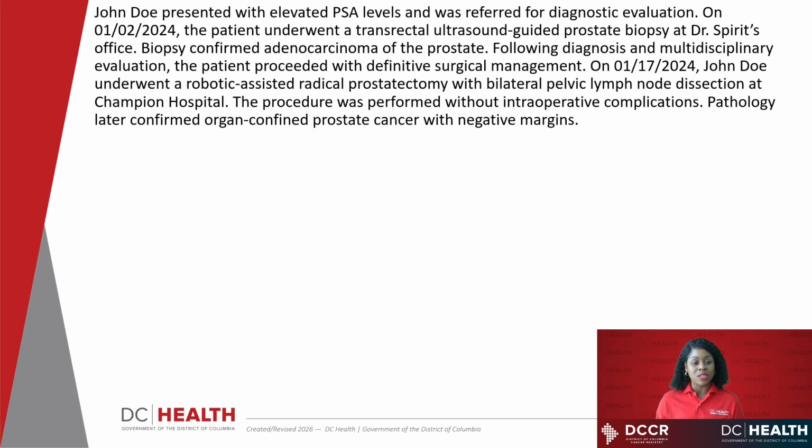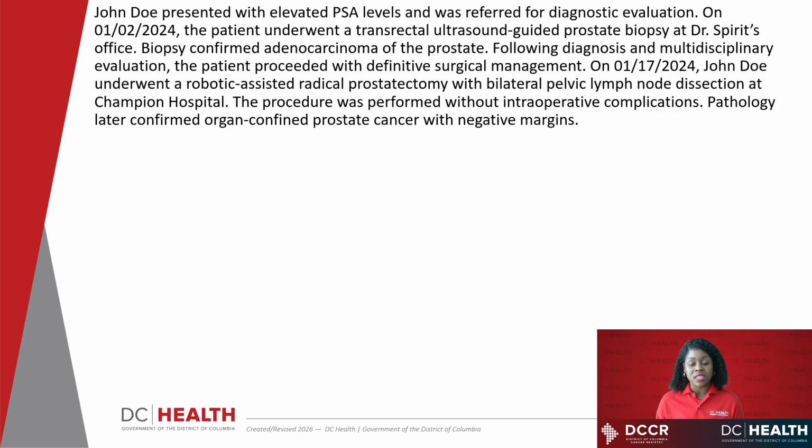John Doe presented with elevated PSA levels and was referred for diagnostic evaluation. On January 2nd, 2024, the patient underwent a transrectal ultrasound-guided prostate biopsy at Dr. Spirit's office. Biopsy confirmed adenocarcinoma of the prostate. Following diagnosis and multidisciplinary evaluation, the patient proceeded with definitive surgical management.